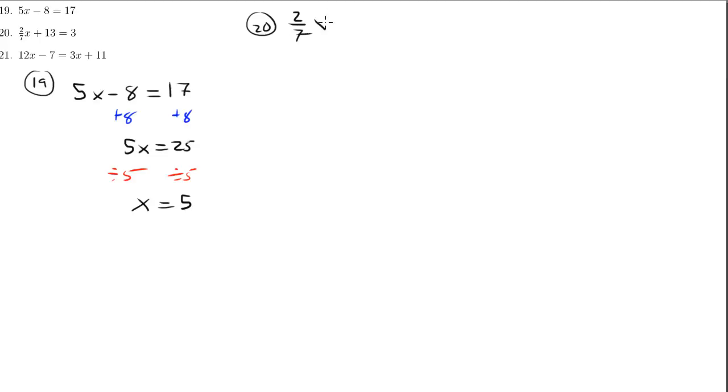2/7 x plus 13 is equal to 3. I'm going to subtract 13, and we'll get 2/7 x is equal to a negative 10. And then I'm going to multiply everything by 7 over 2, right? The reciprocal.